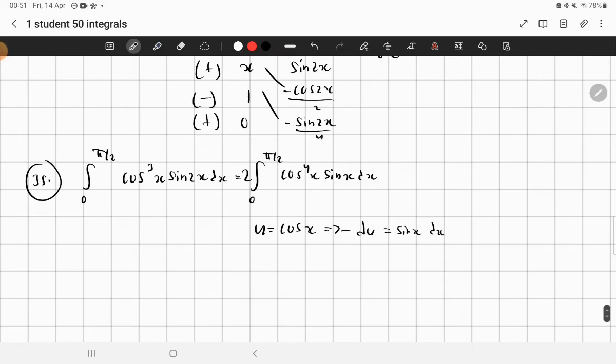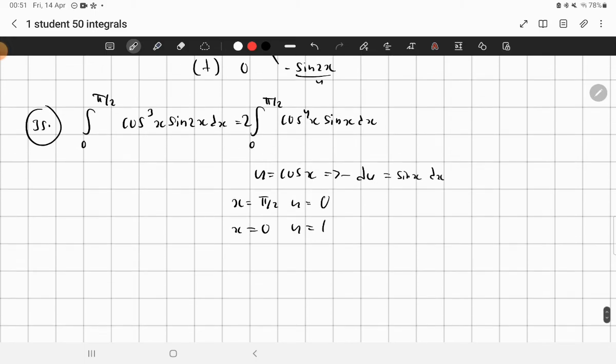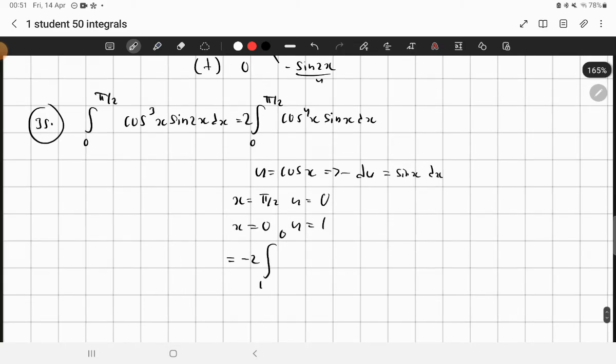Then my boundaries will be: when x is pi over 2, u will be 0, when x is 0, u is 1. So negative 2, integral from 1 to 0 of u to the power 4 du, which implies negative 2 times u to the power 5 over 5 from 0 to 1.